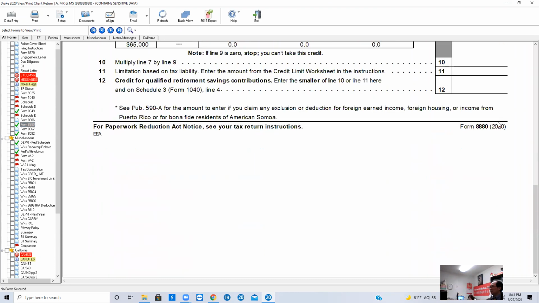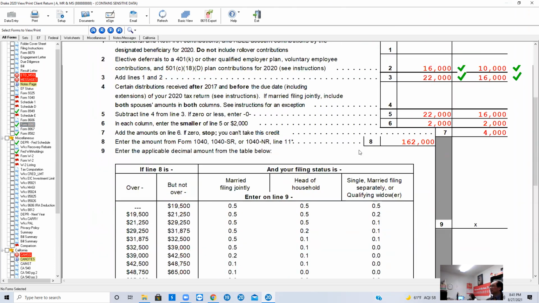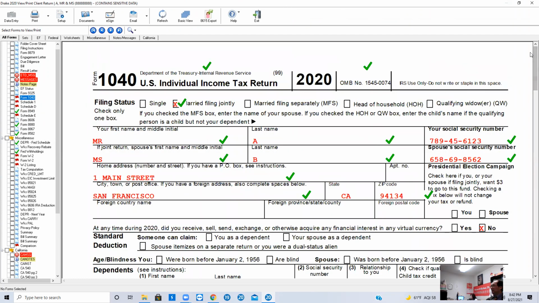In this situation, whether or not we have credit, now look at here.